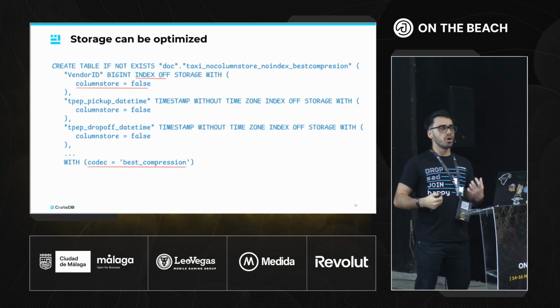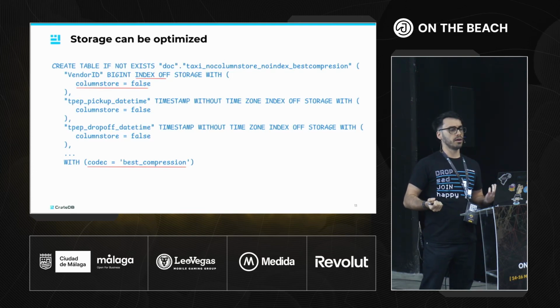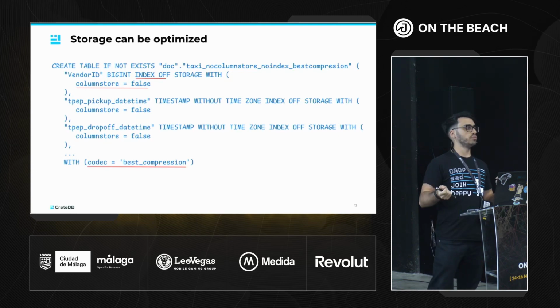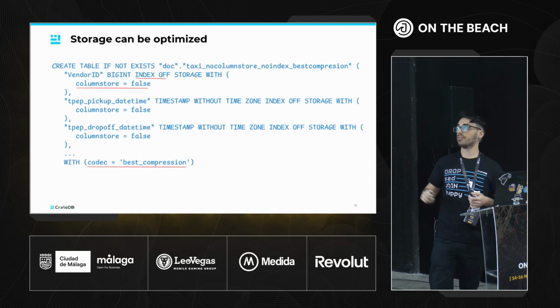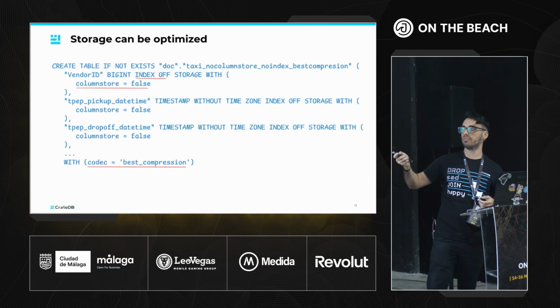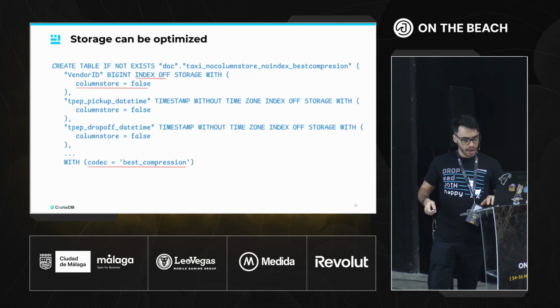Still, if you know that in your queries, some columns will never be used, when you are doing joins, when you're doing where statements, you can actually disable many of these things. For example, you can set index off, you can set the column store to false, and you can also change the codec algorithm.